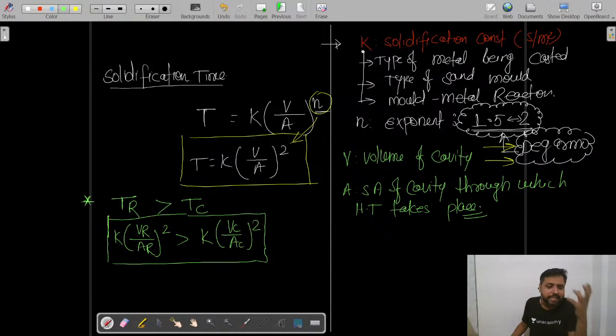That's how you can say technically that the solidification time of a riser must be more than the solidification time of the casting. Otherwise, how can the liquid metal come back and compensate? Point to be noted. So, how will you make sure that the liquid in the riser cavity solidifies after the solidification of the casting?